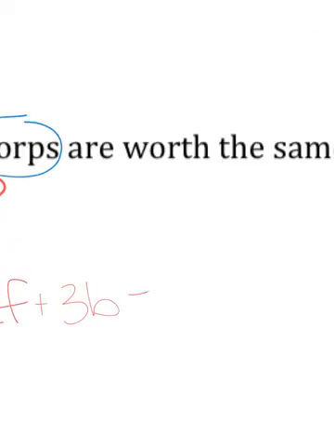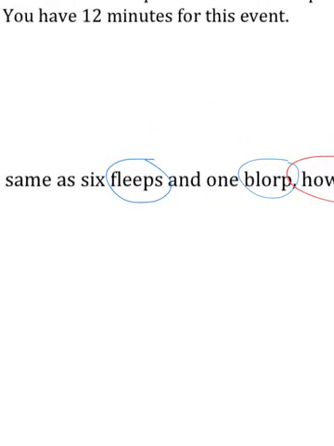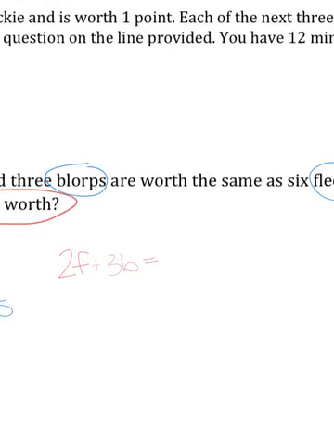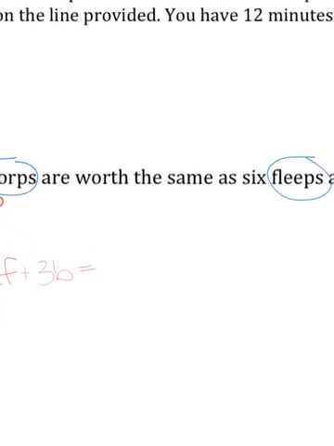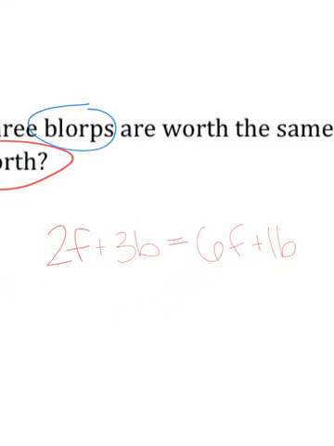That tells me to write an equal sign. Lastly, I read 6 fleeps and 1 blorp. And just like I did earlier, I can use a combination of a letter variable and numbers to represent this. 6F and 1B. The 1 is optional, but it helps me to clarify things.